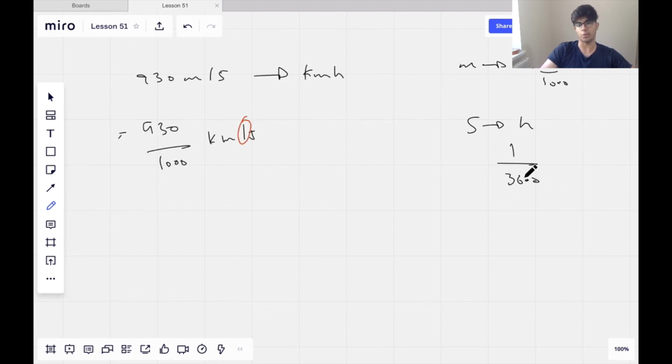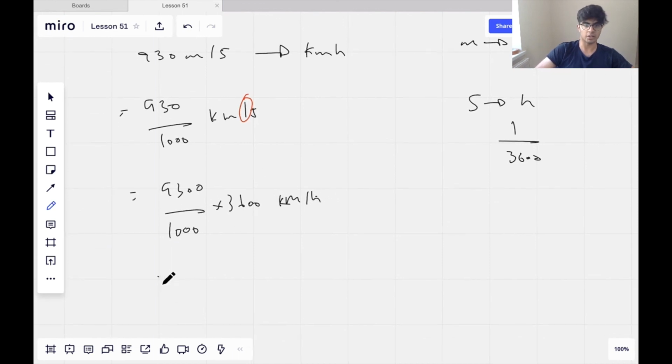So instead of dividing by 3,600, we'll multiply by 3,600. So that equals 930 times 3,600 kilometers per hour. And if we calculate this, that comes out to 3,348 kilometers per hour.